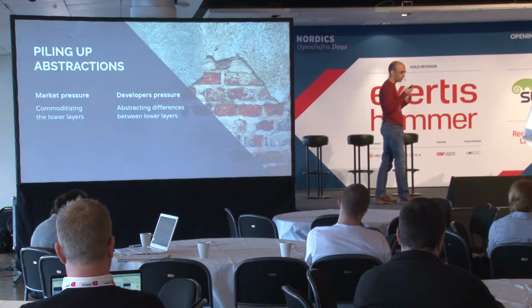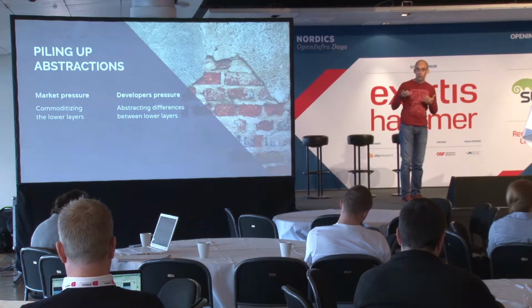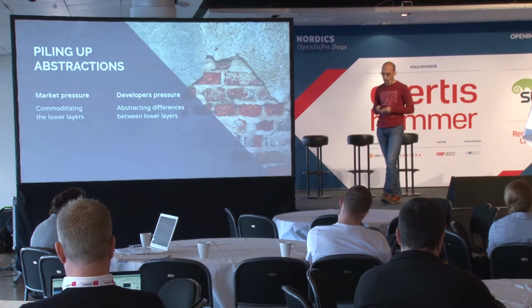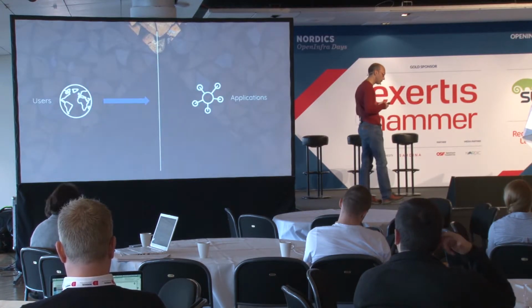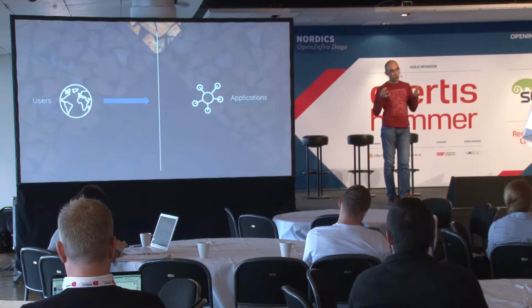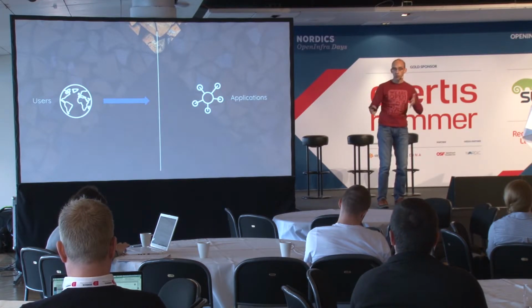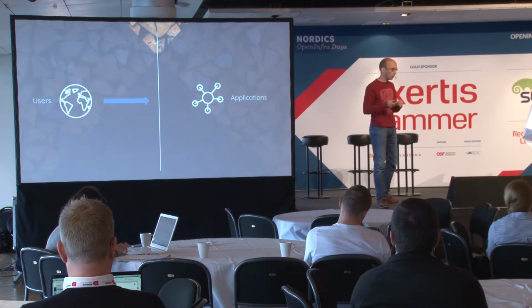So we've seen that piling up of layers and abstractions in all corners and directions in our industry, and especially in the infrastructure space. If you look at the way applications are provided, you would traditionally represent it like this, with users on one side and applications on the other.